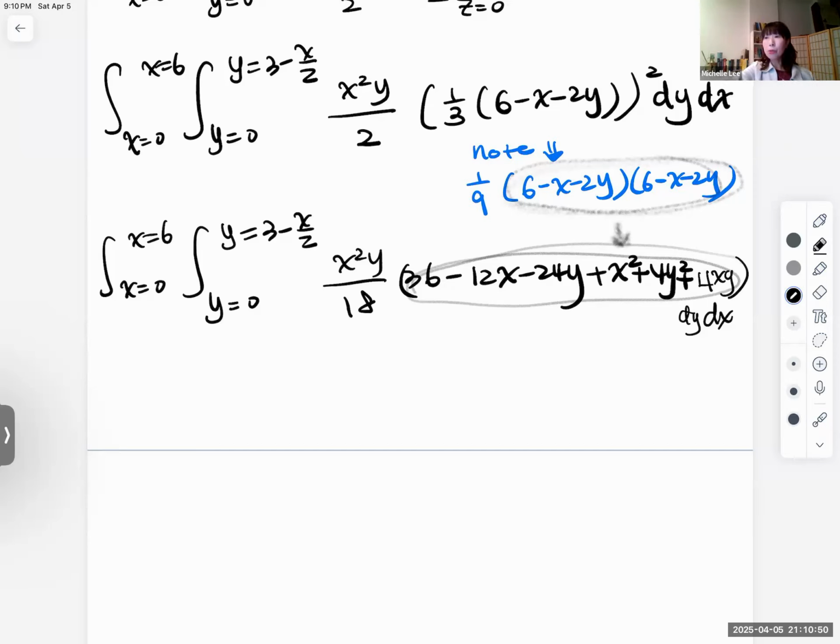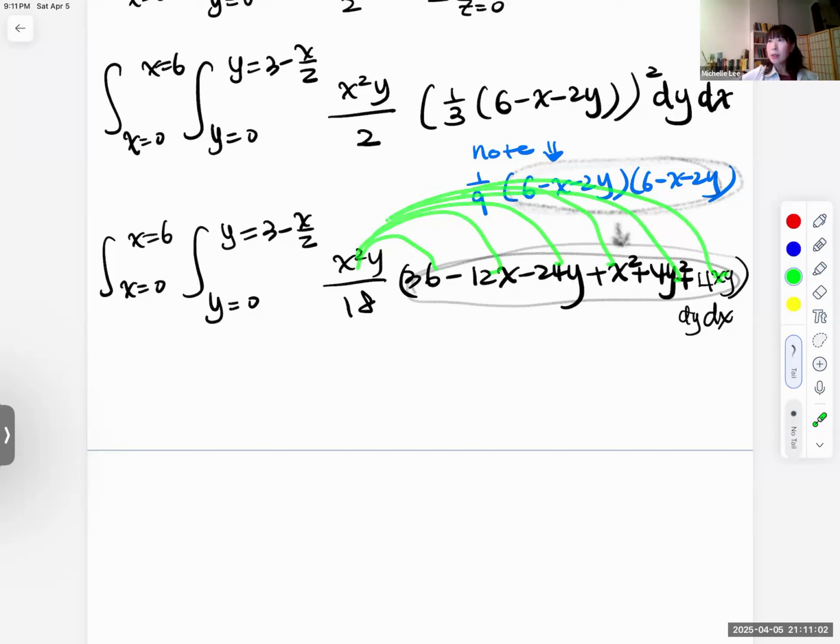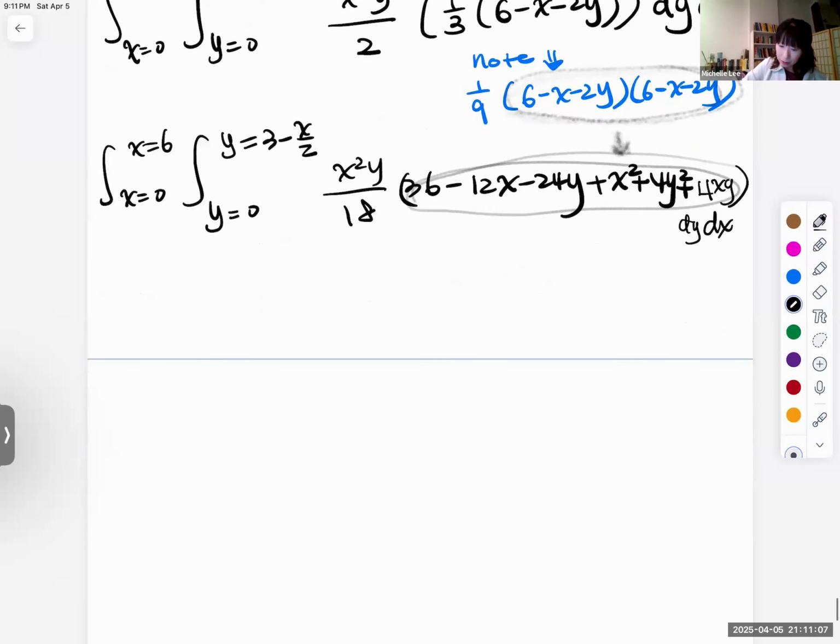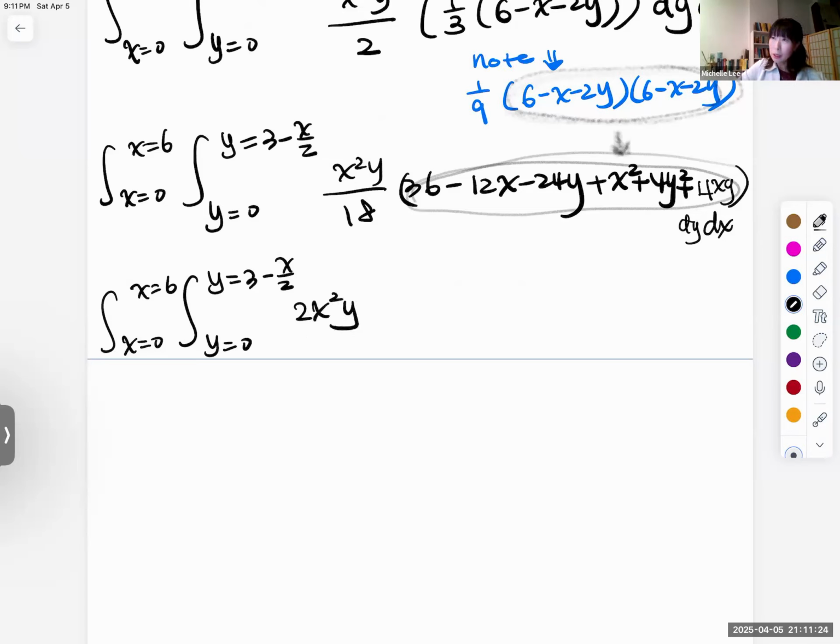Okay, what is next? We need to distribute this one, everything, right? Okay, then I have x equal to 0 to 6, y equal to 0 to 3 minus x over 2. The first term we distribute, we have 2x squared y.